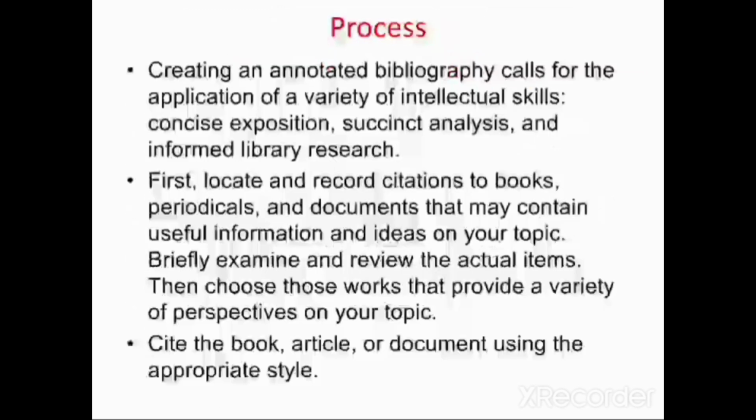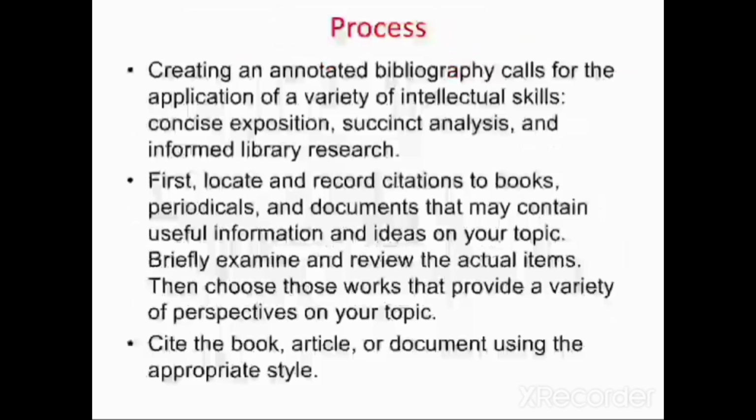The process. Creating an annotated bibliography calls for the application of a variety of intellectual skills: exposition, succinct analysis, and informed library research. First, locate and record citations to books, periodicals, and documents that may contain useful information and ideas on your topic. Briefly examine and review the actual items. Then choose works that provide a variety of perspectives on your topic.